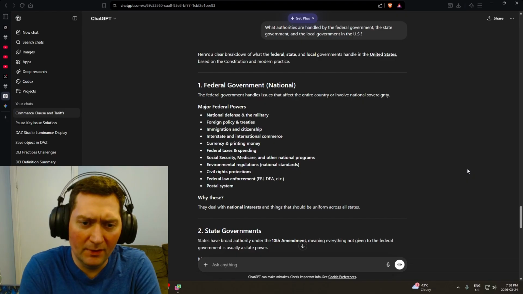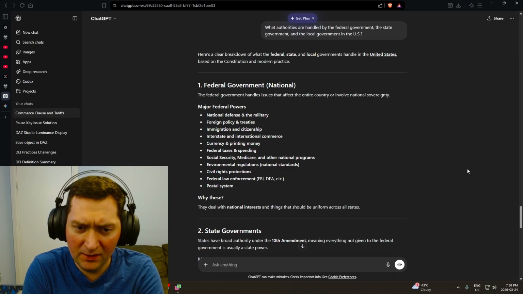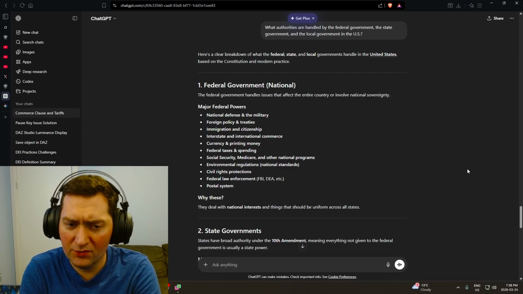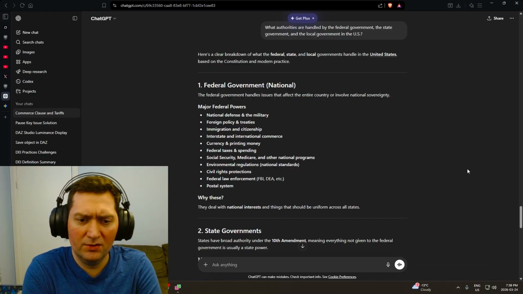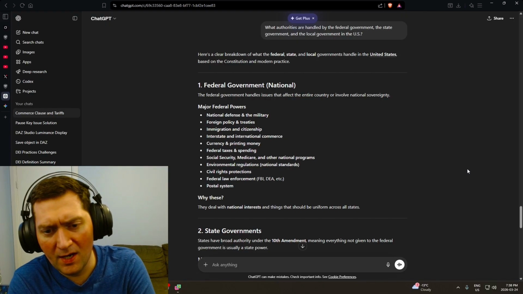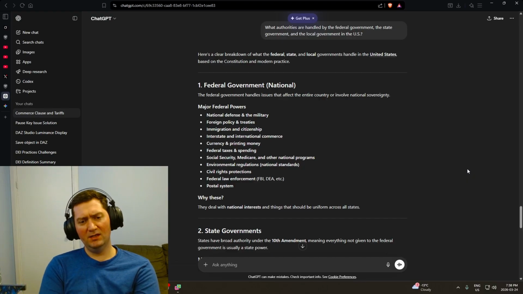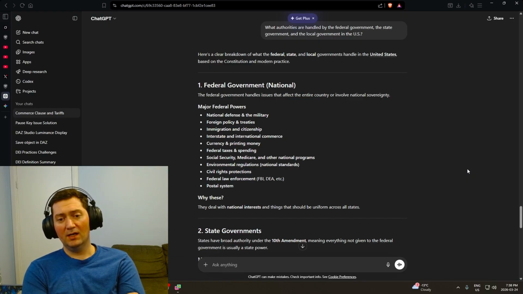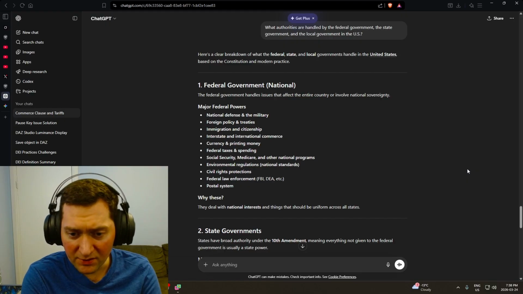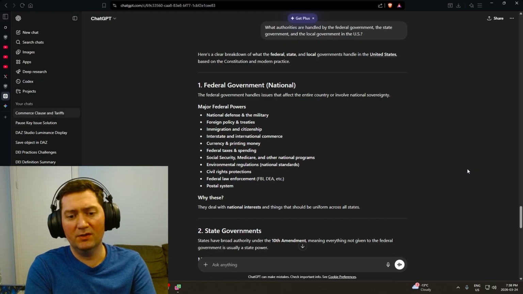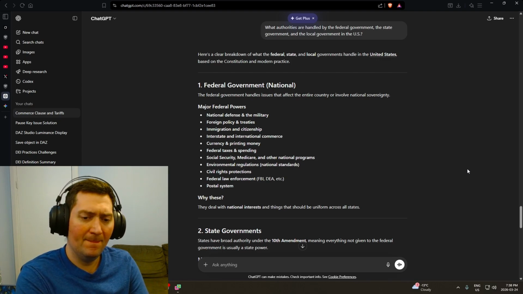The federal government's major powers: national defense and the military, foreign policy and treaties, immigration and citizenship, interstate and international commerce, coining and printing money, federal taxation and spending, Social Security, Medicaid, and other national programs, environmental regulation, national standards, civil rights protections, and federal law enforcement, the FBI, DEA, and the postal system.